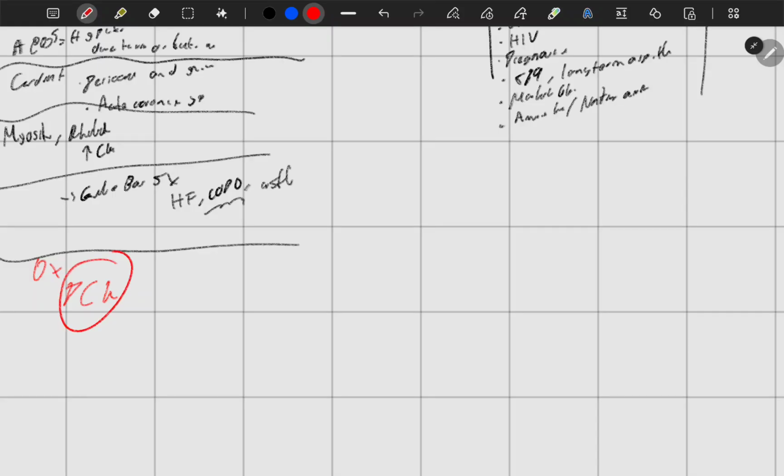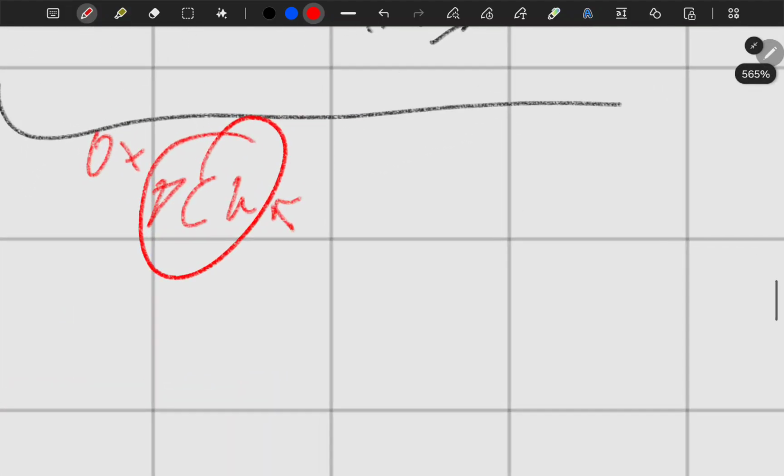PCR is preferred because it has high sensitivity and specificity and is usually performed as part of a multiplex respiratory viral panel. This can detect several viruses, for example respiratory syncytial virus and adenovirus.